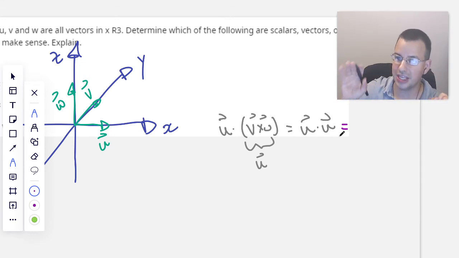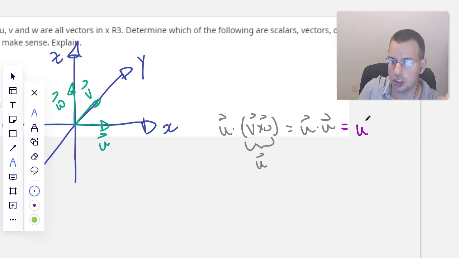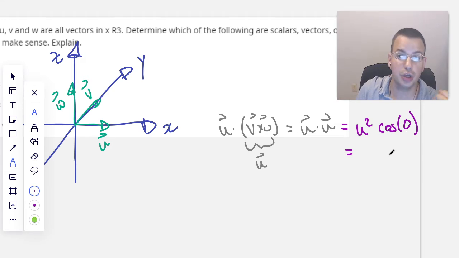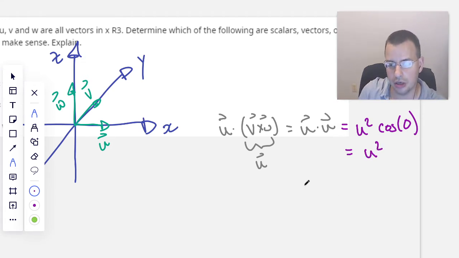The magnitude of the scalar is going to be the first vector times the second vector, which is going to be u, times the cosine of the angle between these two vectors. Since they're the same vector, the angle is 0, and cosine of 0 is 1. And that's what I mean by 1 or 100%. So this is going to be u squared.